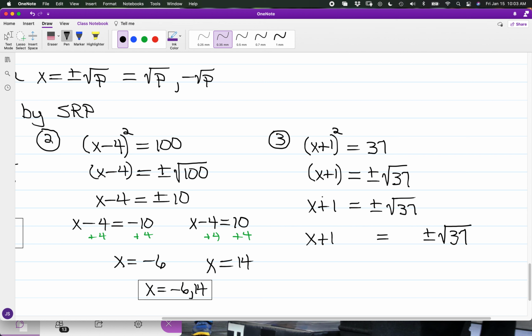And what I mean by this is, I have x plus 1, and to undo the presence of the additional 1, I'm going to apply the subtraction of 1, and I'm going to do likewise here, but instead of plus or minus square root of 37 minus 1, I'm going to put the negative 1 in front of the radical combination. So we're going to have for x, for the compact notation, negative 1 plus or minus the square root of 37.